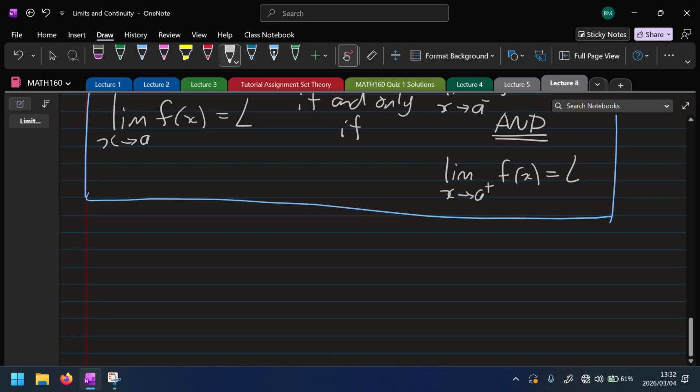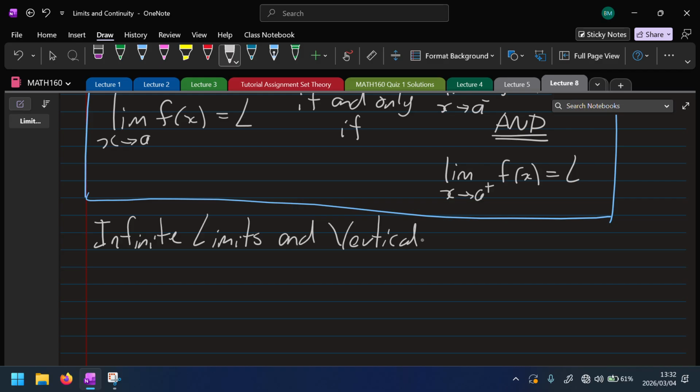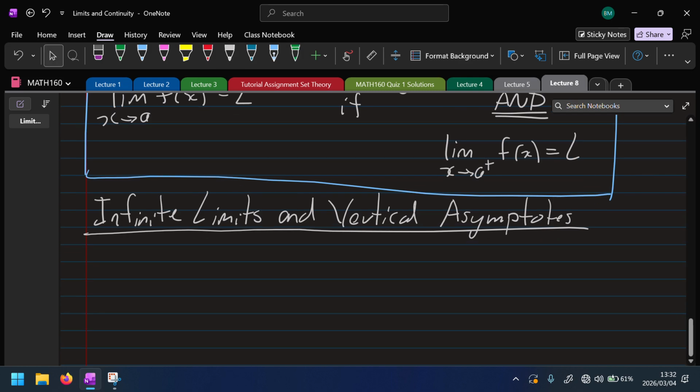Infinite limits and vertical asymptotes. So what do we mean by an infinite limit? Well, we write down the following.